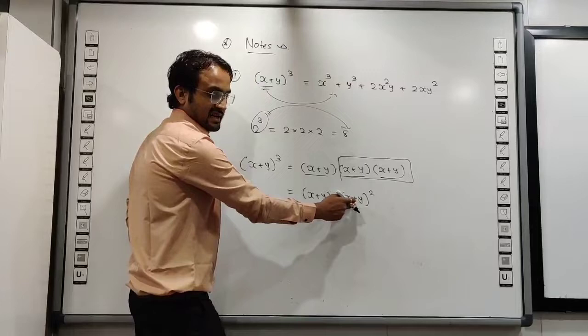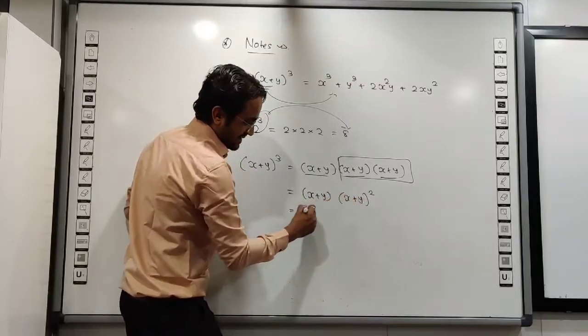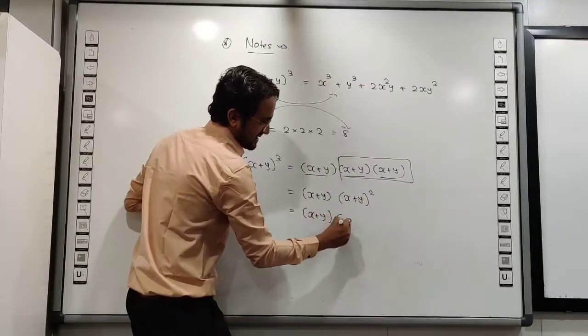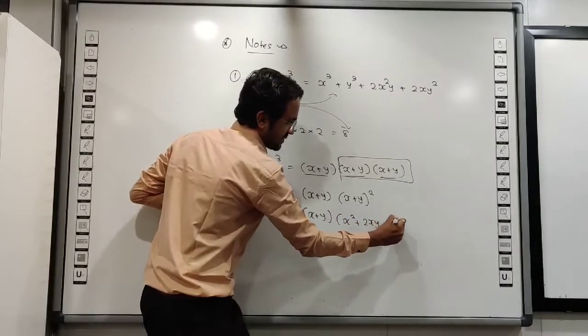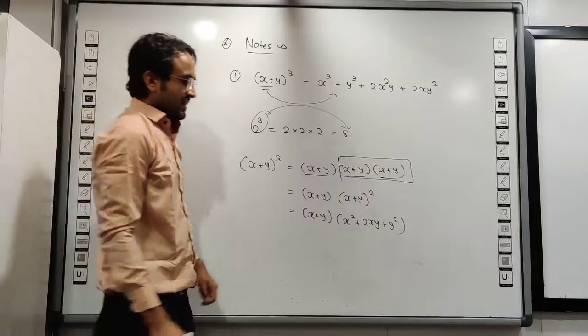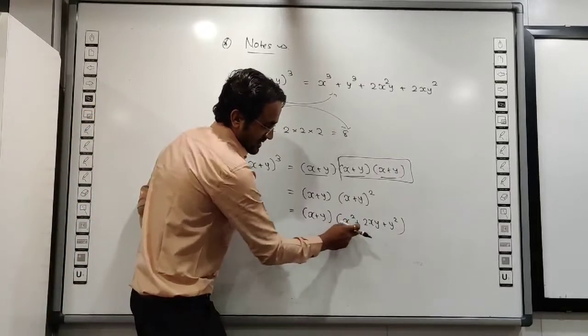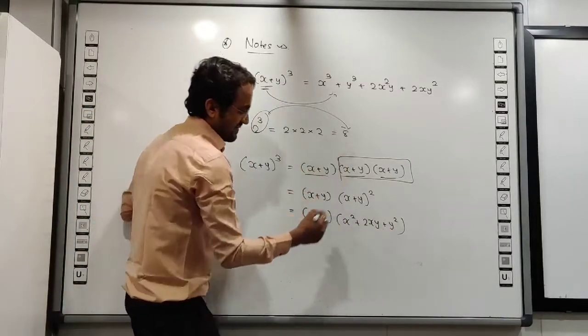Now this identity we have done. What is the answer of this? This one is x square plus 2xy plus y square. Now if I multiply these two terms with this, what answer will I get?